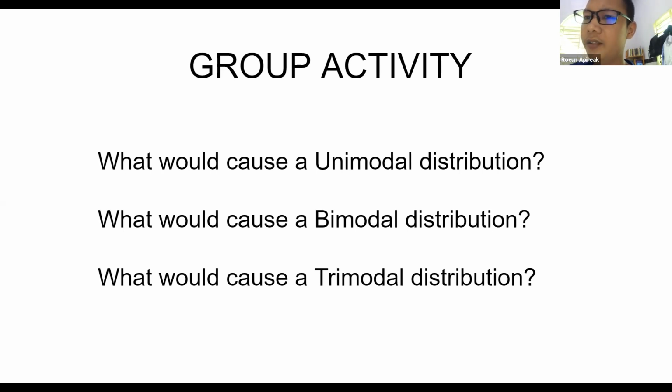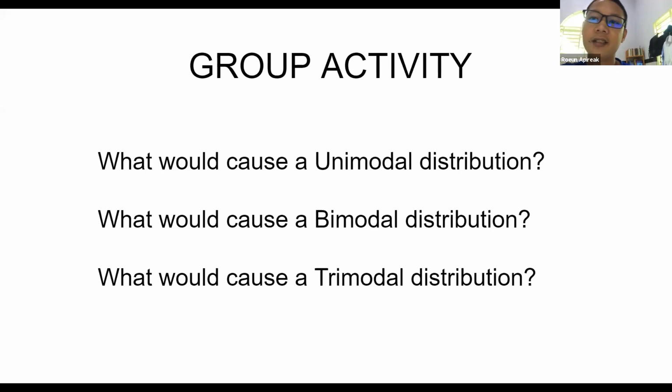So what would cause unimodal distributions? As we know, it is the one peak. So I can say that the reason is the increase in the value of the US dollar, but only one time during the period we look at.